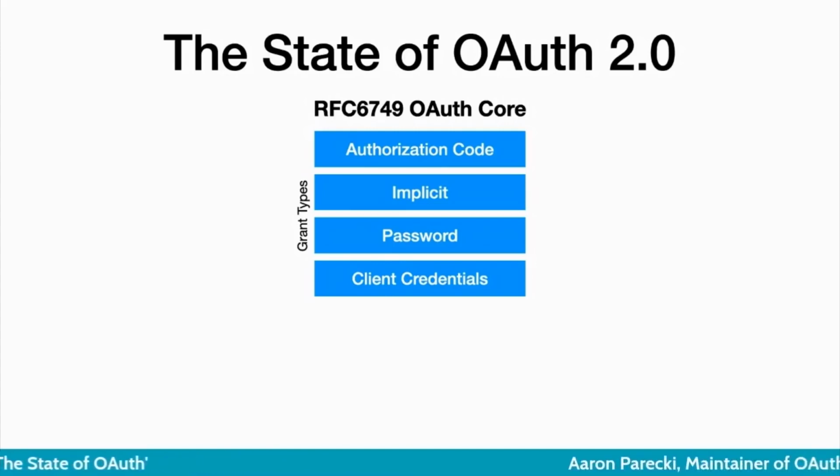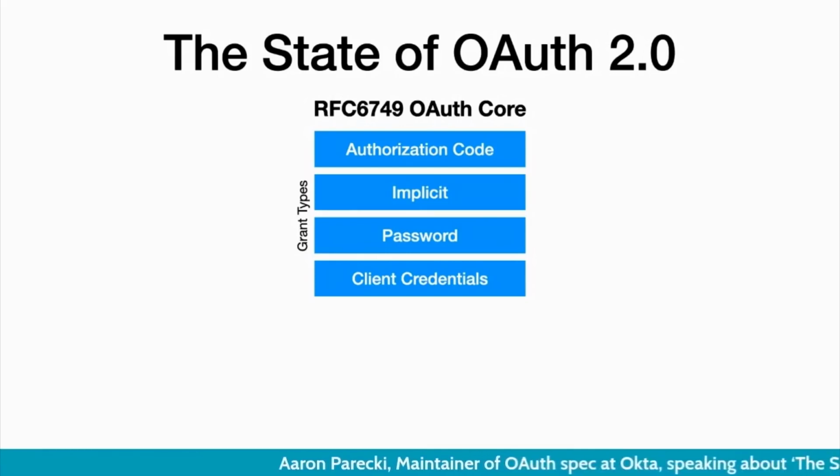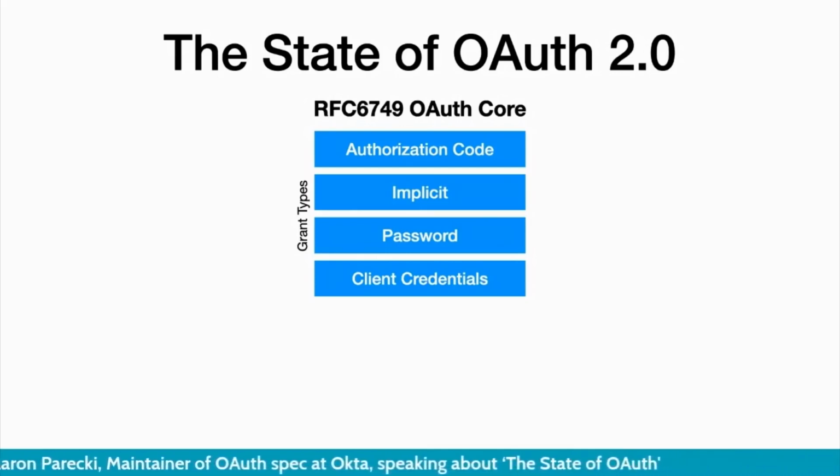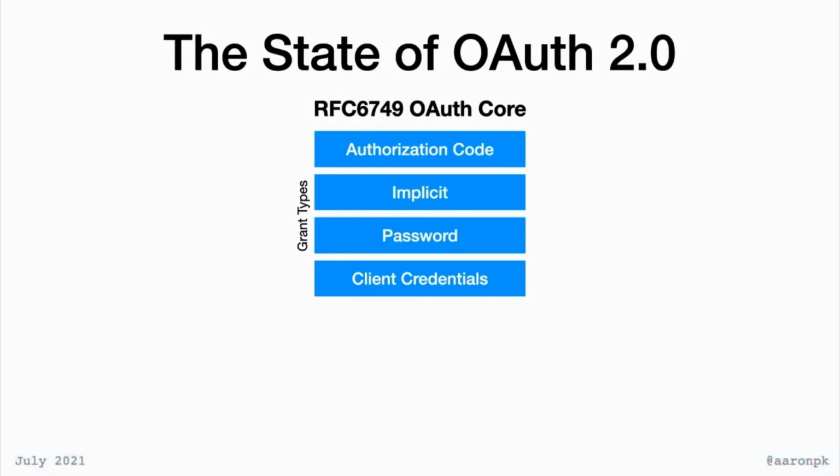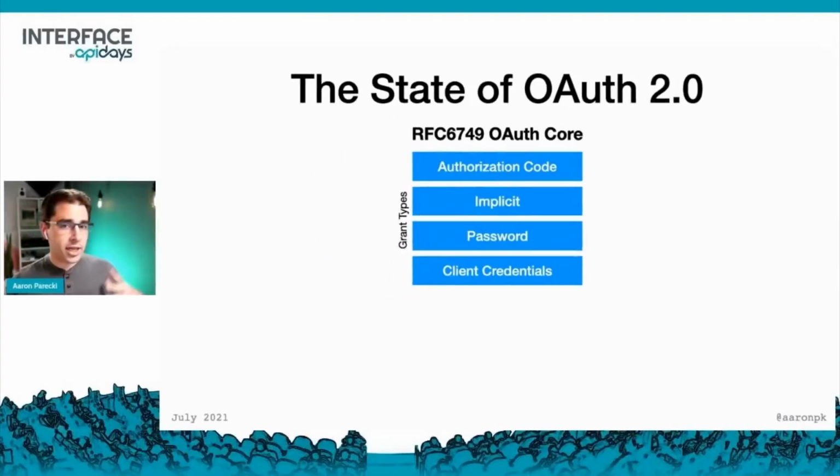So this core document, RFC 6749, is the original core OAuth 2 spec. And this defines a few what are called grant types that talk about different ways that an application can get access to data in an API. The thing that is not defined in the core spec is, for example, what that access actually looks like.